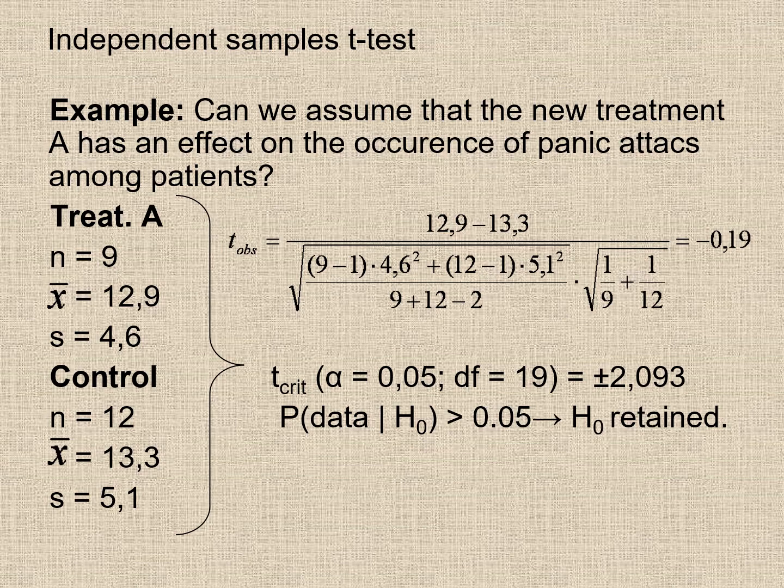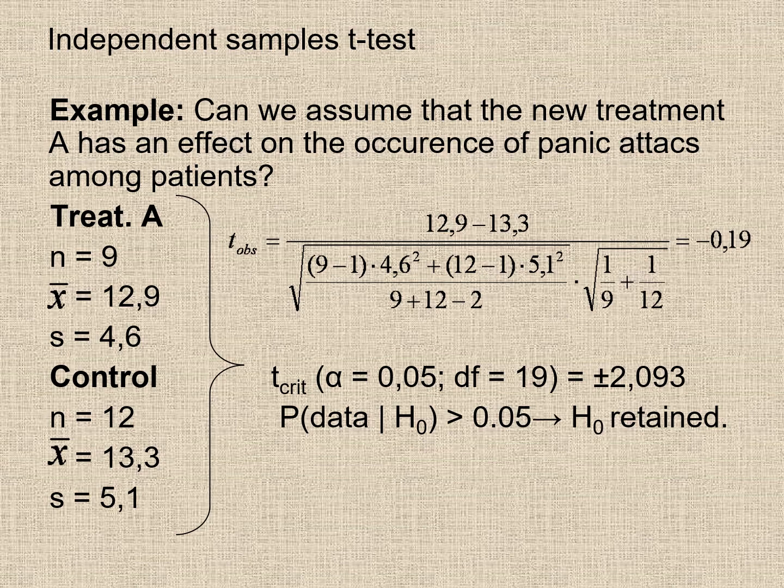And as you see, we put in the values in this formula, and we receive an observed t-value of -0.19. So the difference between these two sample means, 12.9 and 13.3, is 0.19 standard errors.